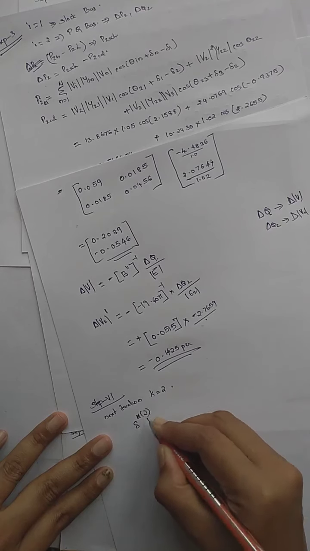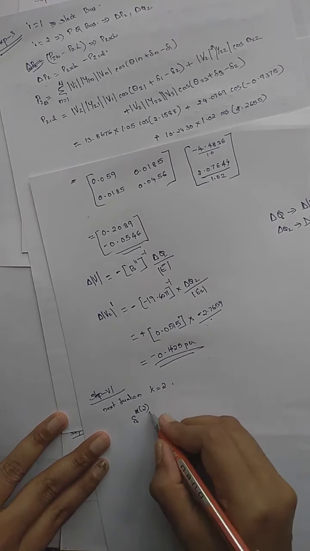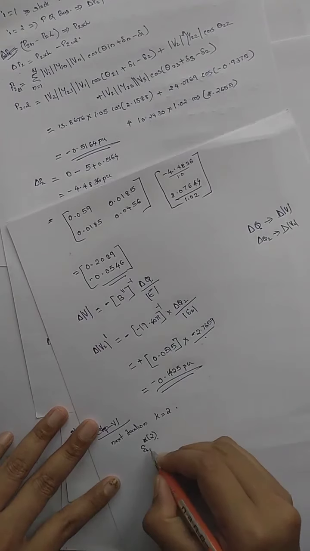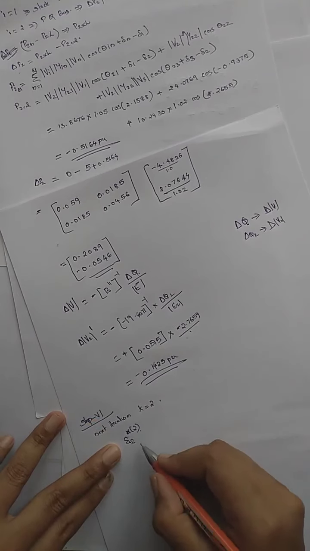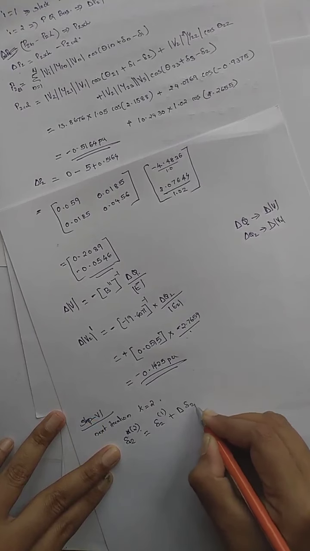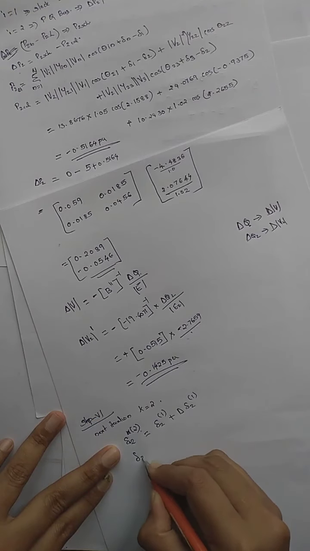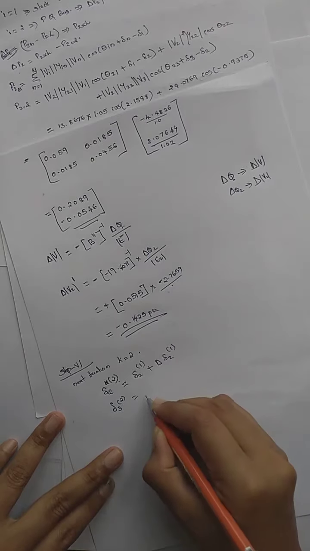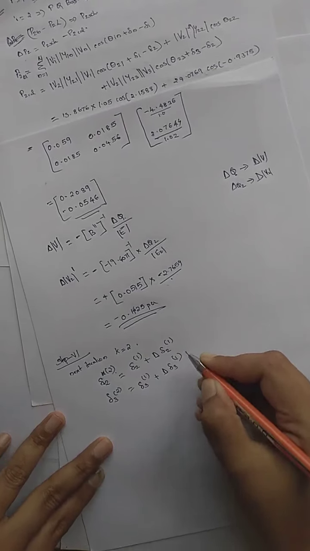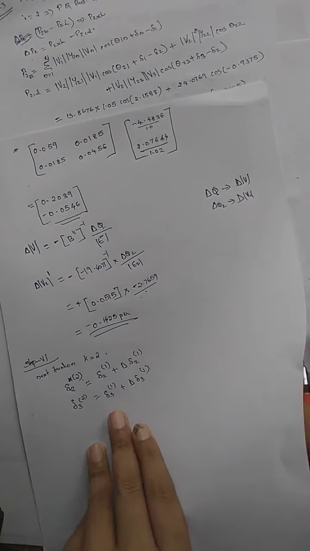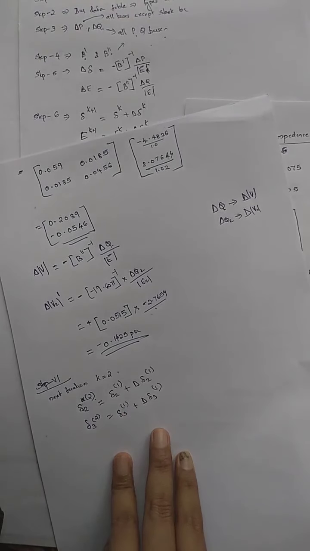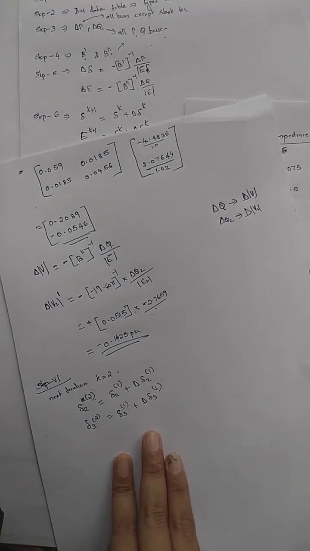So this delta value matrix will be of 2 values, isn't it? Here we have already found out, no? So delta 2 of the second iteration is equal to delta 2 of the first iteration plus delta 2 of the first iteration, and delta 3 of the second iteration is equal to delta 3 of the first iteration plus delta 3 of the first iteration. Okay, these values we have to find before we wind up our calculations.